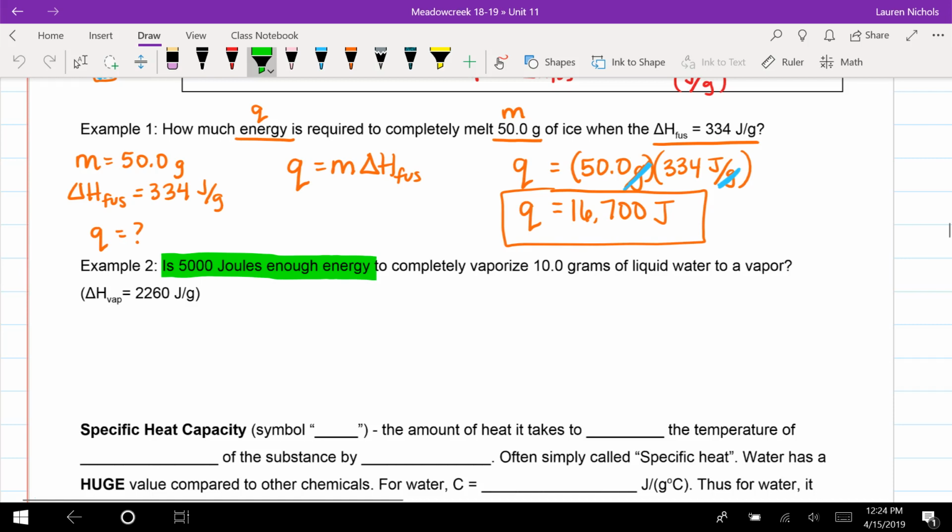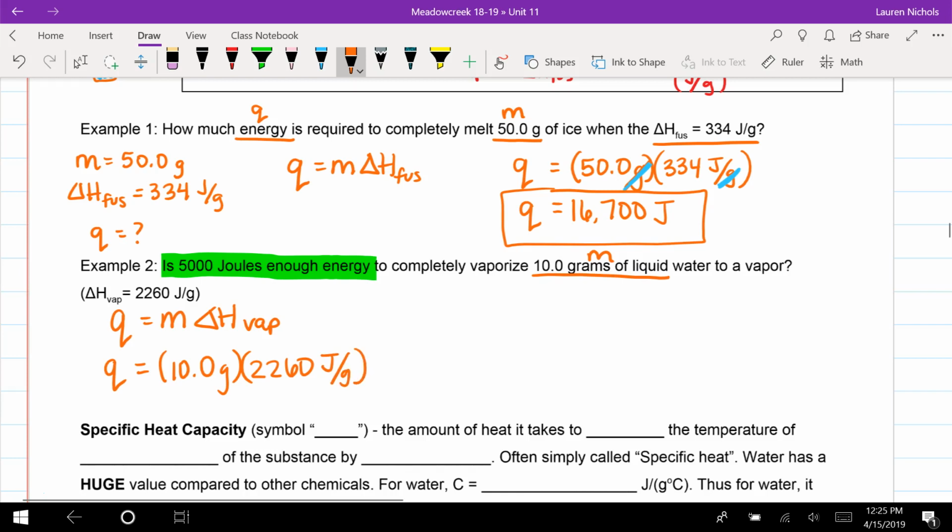And so if we want to know if 5,000 joules is enough, we need to figure out how much is required. So we can go ahead and calculate for Q. So we have 10 grams of this liquid, so that's going to be our mass, and they tell us delta H of vaporization. So if I go ahead and calculate Q equals M times delta H of vaporization, that means Q is going to be equal to 10.0 grams times 2,260 joules per gram.